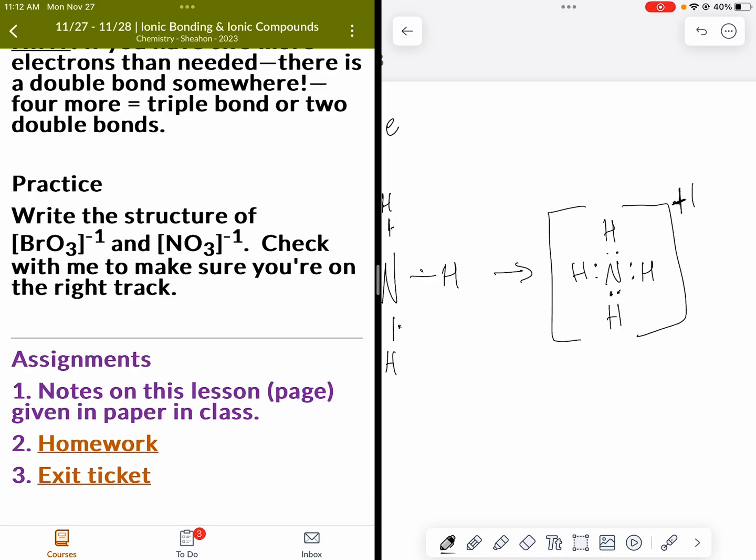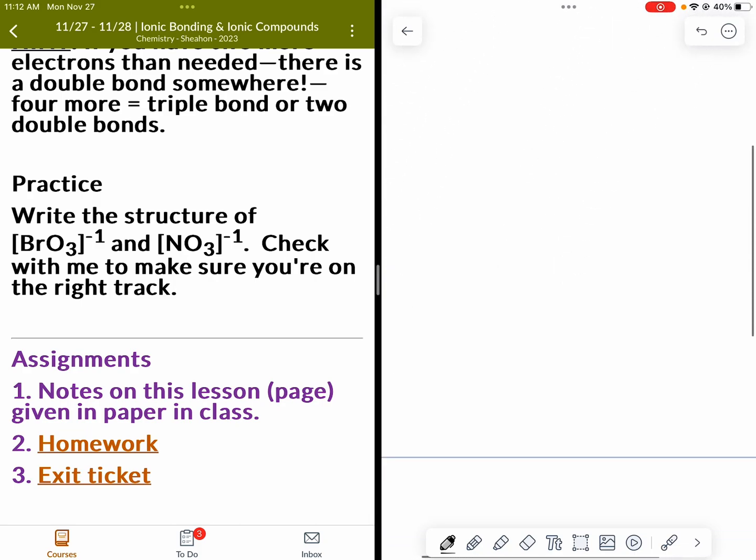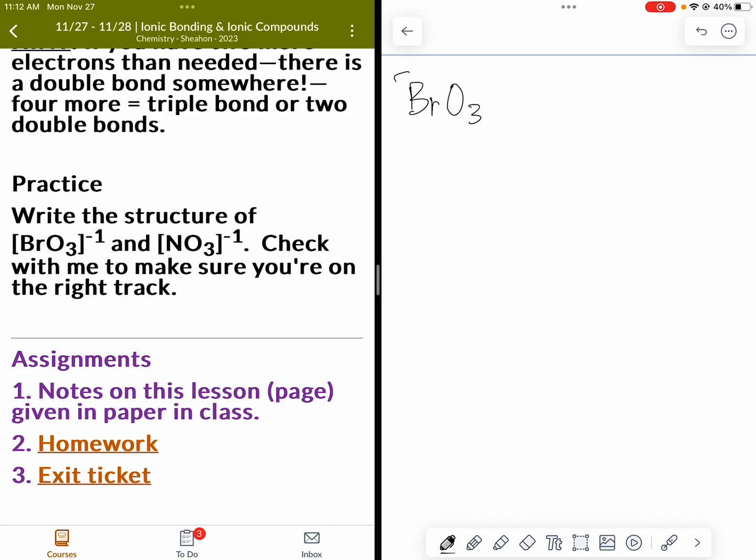So let's do one more example here. Write the structure of bromate. Let's do that one. So I'm just going to write BrO3 -1. Okay. So we're going to start by counting the atoms. How many does bromine have? Well, it's in the 17th group, so it's going to have 7. And oxygen, it's in the 16th group, so it's going to have 6.